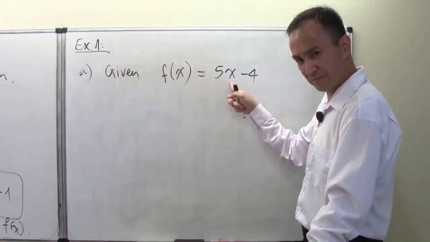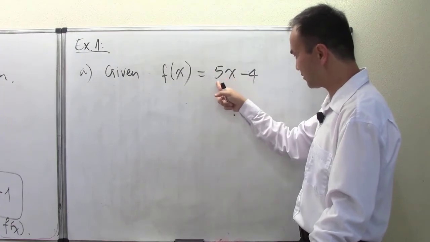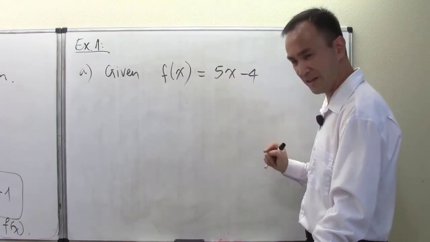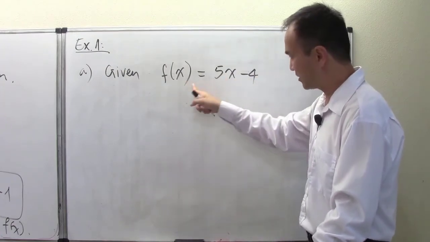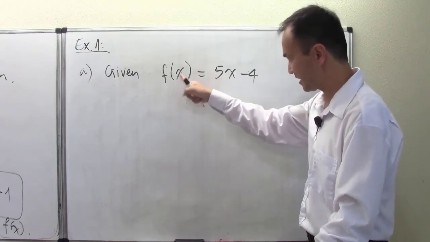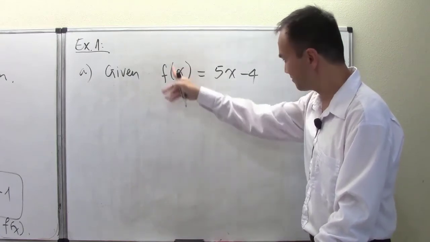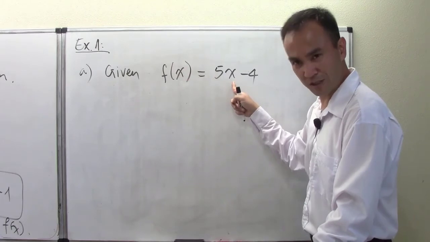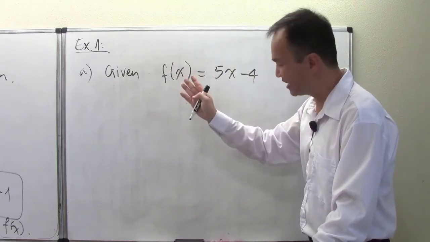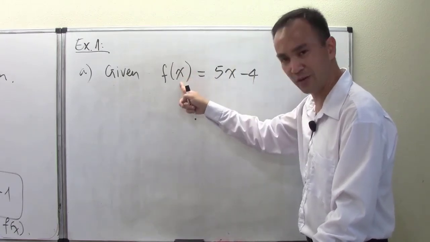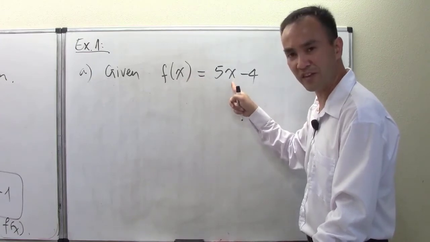It's this rule right here: a variable x times 5, minus 4. 5x minus 4. This indicator tells us that this variable is the input. That means when we're given a value to substitute for x, we substitute it into this x right here.